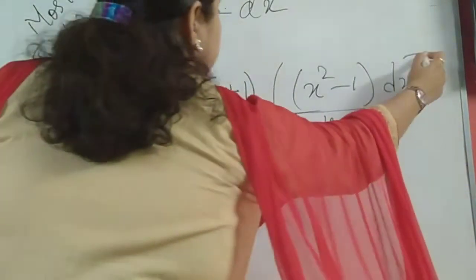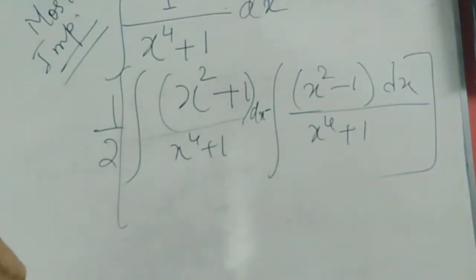The entire thing is multiplied with a half, not to forget that. After this, do you think we can cancel out some factors from here? No, isn't it? How to do it?